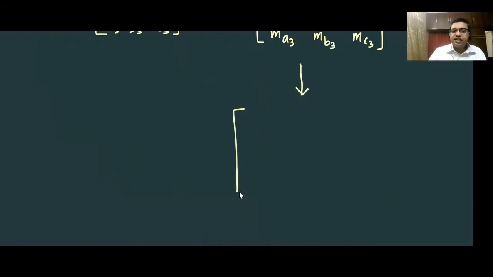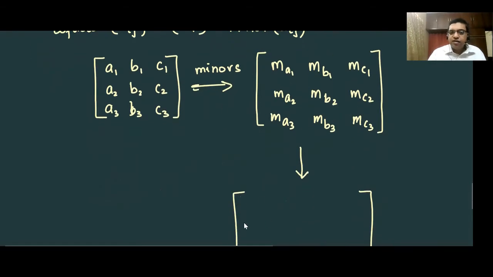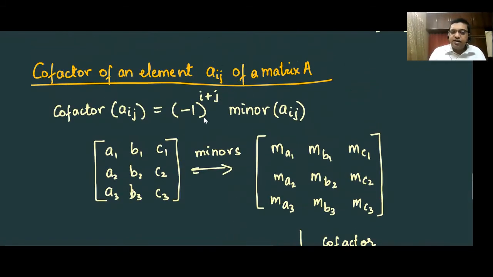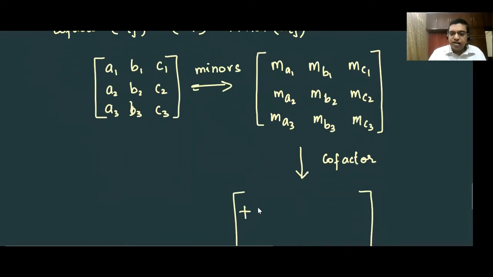What is i plus j? It is the ith row and the jth column. So for the first row, first column, i plus j will be 1 plus 1, 2. So minus 1 to the power 2 is plus, so I get plus MA1.